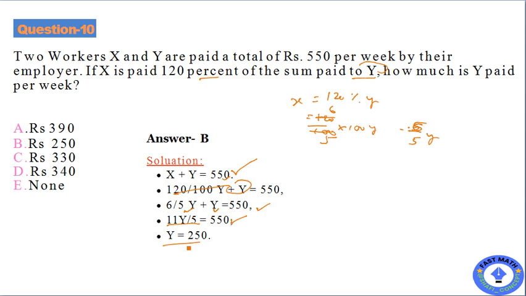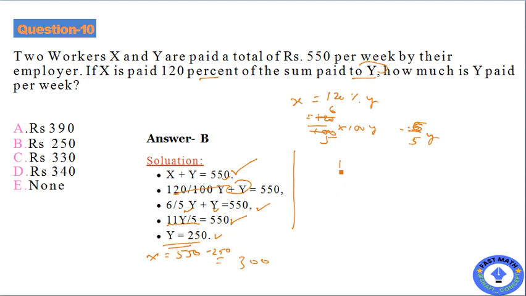Ultimately Y is 250 rupees. X will be 550 minus 250, which is equal to 300. This is the conventional method.